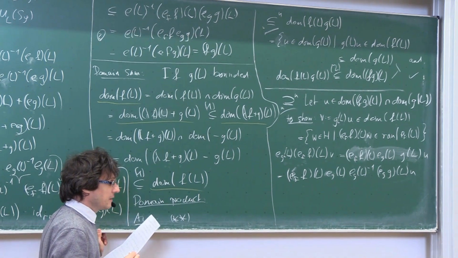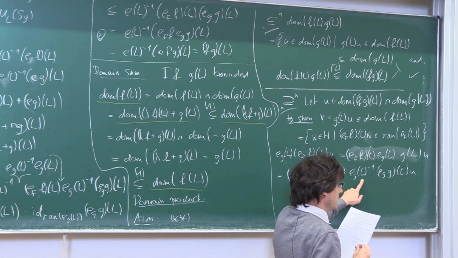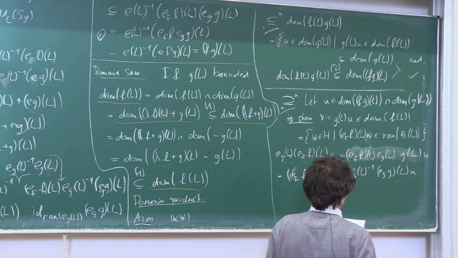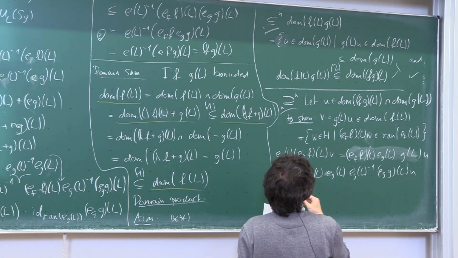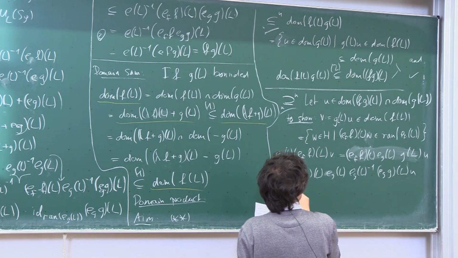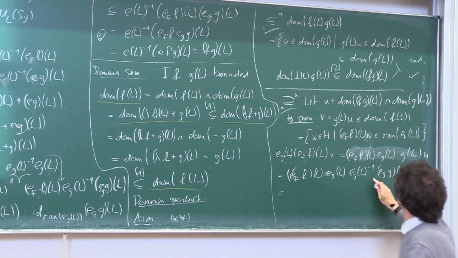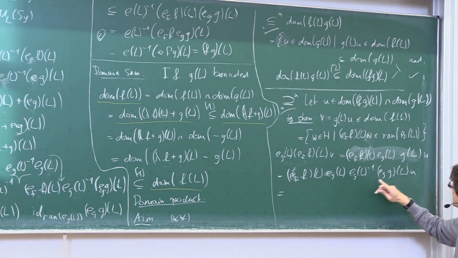So you see again, there is EG of L to the minus 1. I know, because U is in the domain of G, that this is in this domain.